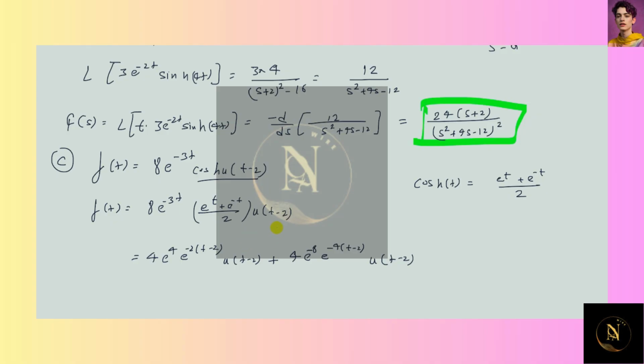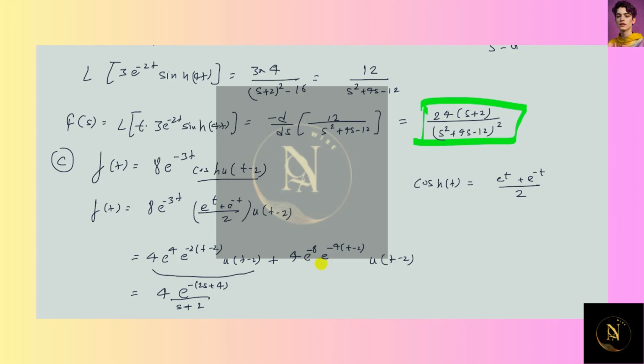Now when we do the Laplace of these two terms, the Laplace of the first term is 4e^4 e^(-2s) divided by s + 2. This would be s + 2 actually. And the Laplace of the second term is 4e^(-8) e^(-2s) divided by s + 4.